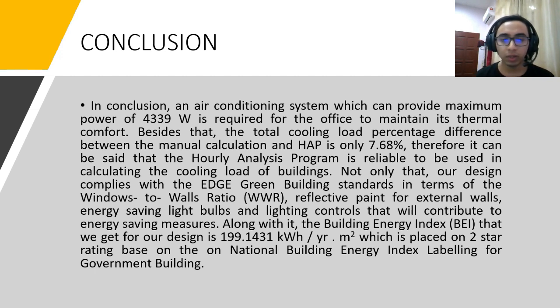Not only that, our design complies with the EDGE Green Building Standards in terms of the wall-to-window ratio, reflection of the external wall, energy-saving light bulbs, and lighting control that will contribute to the energy-saving measure. Along with it, the Building Energy Index that we get for our design is 199.1431 kilowatt hour per year meter square, which is placed on 2-star rating based on the National Building Energy labeling for government buildings.